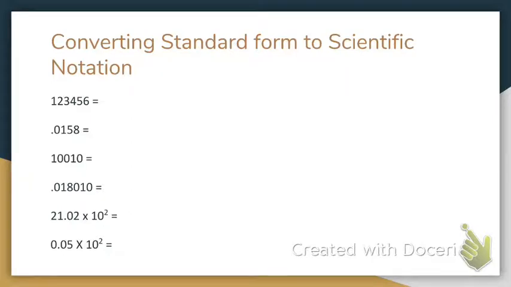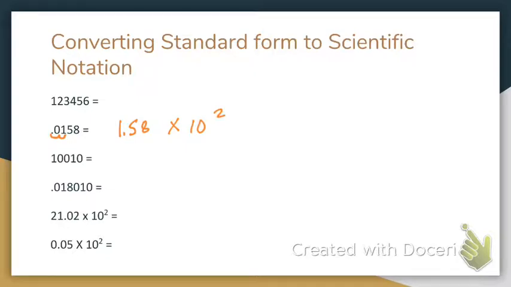So the next one is 0.0158. I'm going to have to change this into a number that is between 1 and 9.9. So I'm going to move this decimal 2 times. So it's now 1.58 times 10, and then I moved it 2 times.